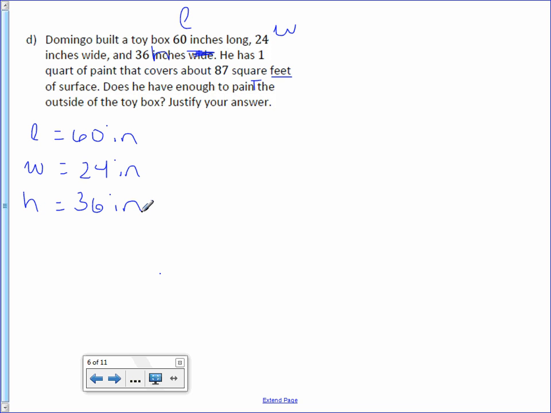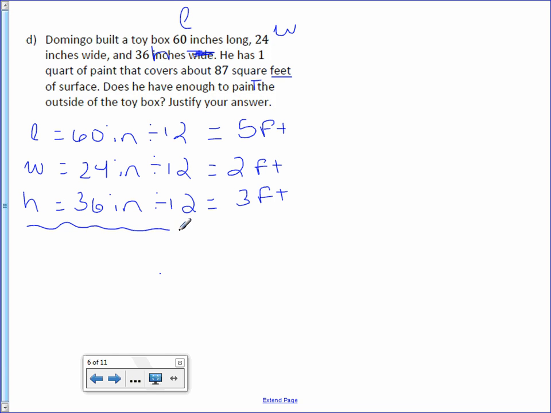Now remember, there are 12 inches in a foot, so all we're going to do here is divide each of these dimensions by 12 inches. 60 divided by 12 is 5 feet. 24 divided by 12 is 2 feet. And 36 divided by 12 is 3 feet. This also gives us smaller numbers to work with.